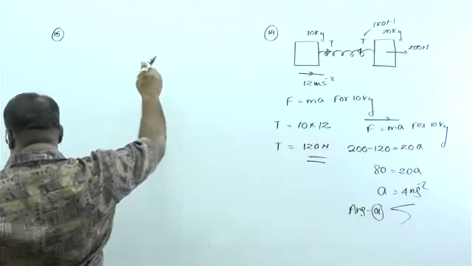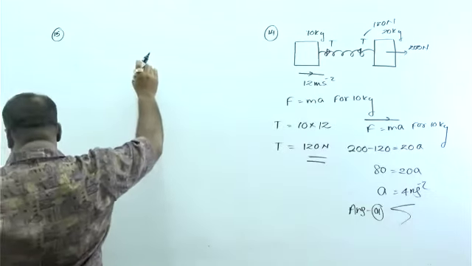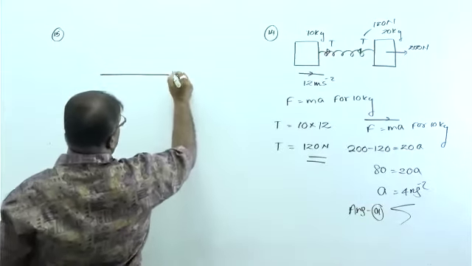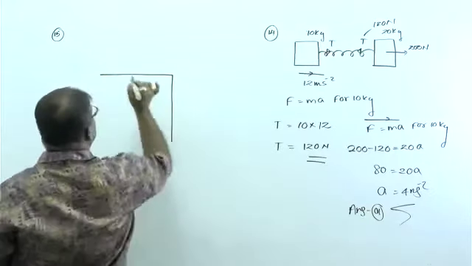Two masses A and B, 10 kilogram and 5 kilogram. It's a table like this.